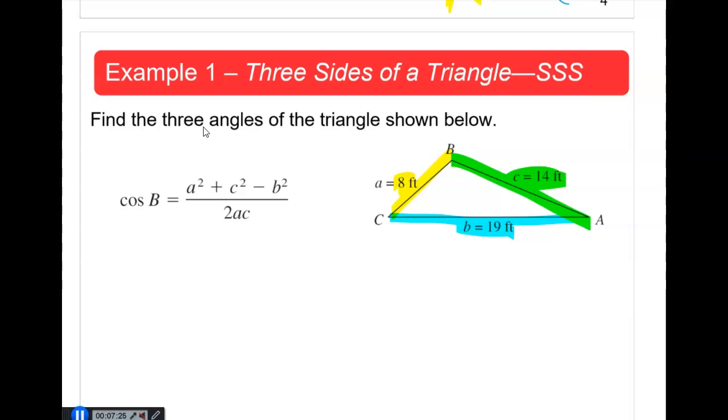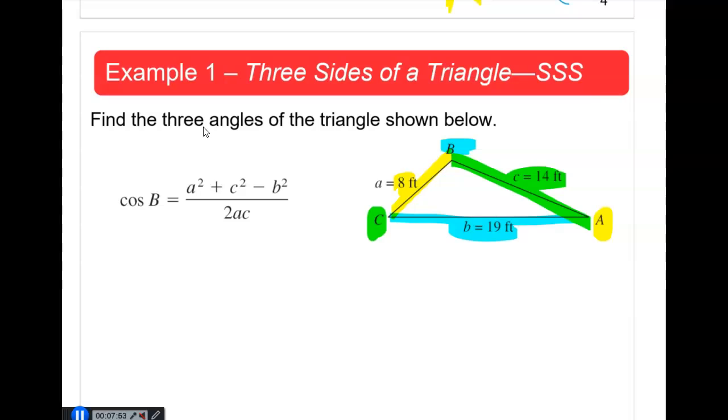If you look right across from each side, we could see the angle that is opposite from that side. It will have the same letter but uppercase. So for side B here, we have angle B, and for side C, we have angle C. Find the three angles of the triangle shown below.